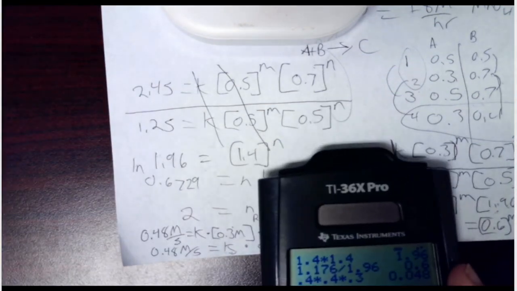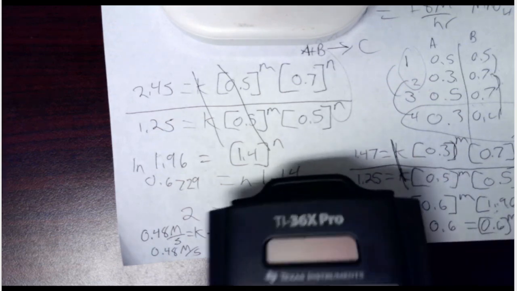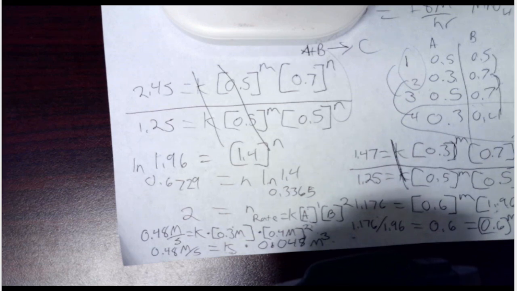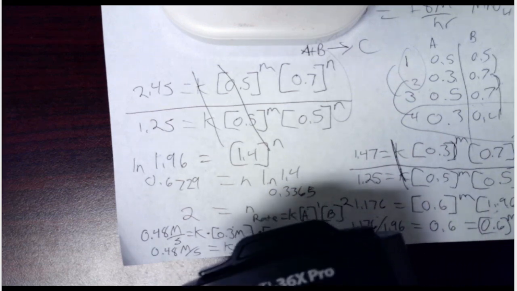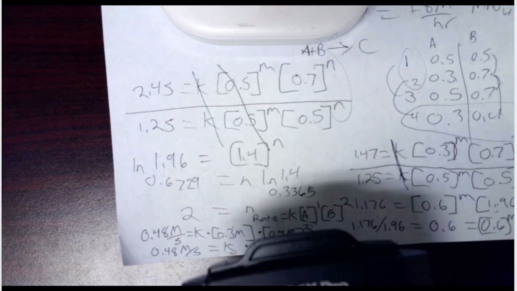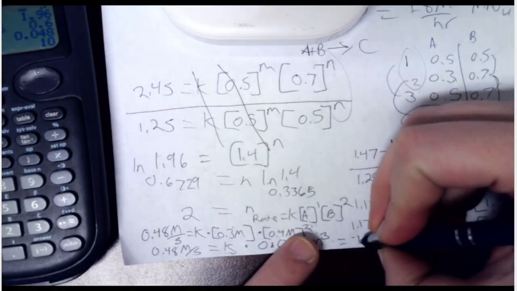So, solving for k, 0.48 divided by 0.048 is 10. So k is equal to 10.